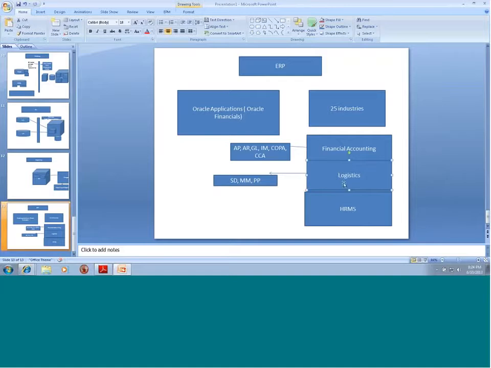So that is for logistics. Then comes HRMS. So in HRMS, there is a lot of information that is being stored: payroll information, benefits, travel and expense, time and labor.